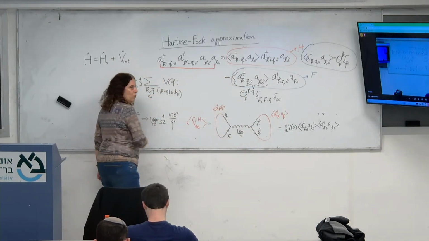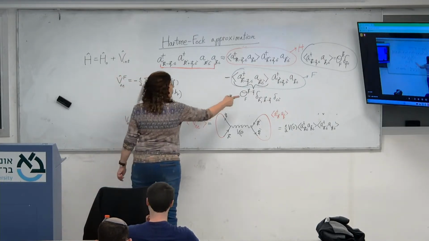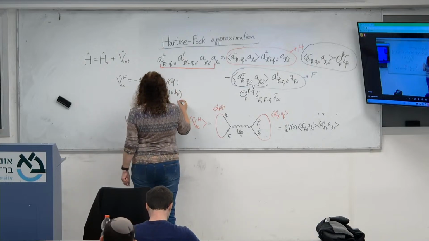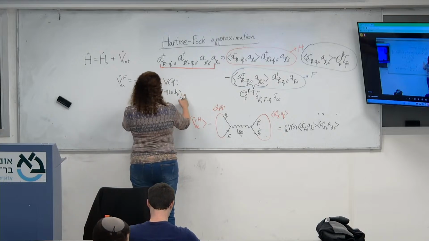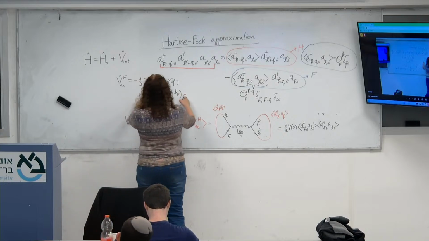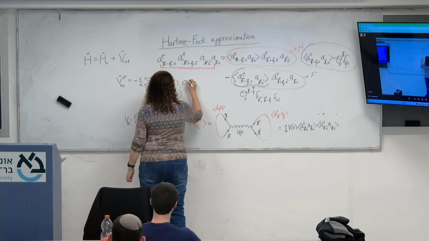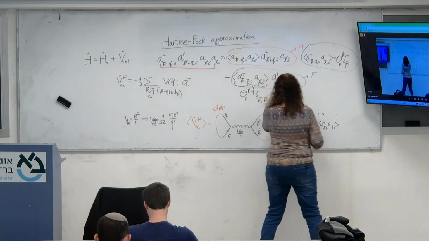One sigma, because sigma prime is forced to be sigma. And what I'm left with is a dagger of delta.